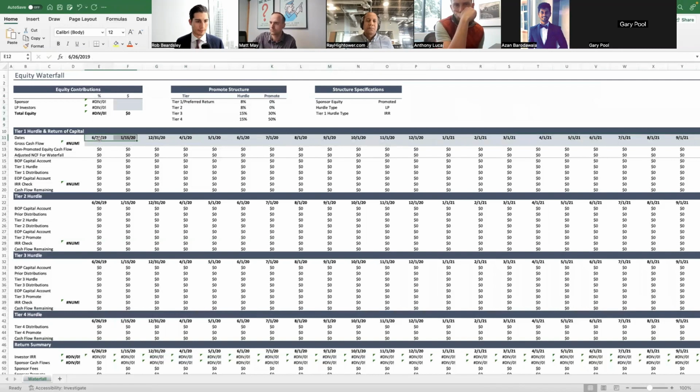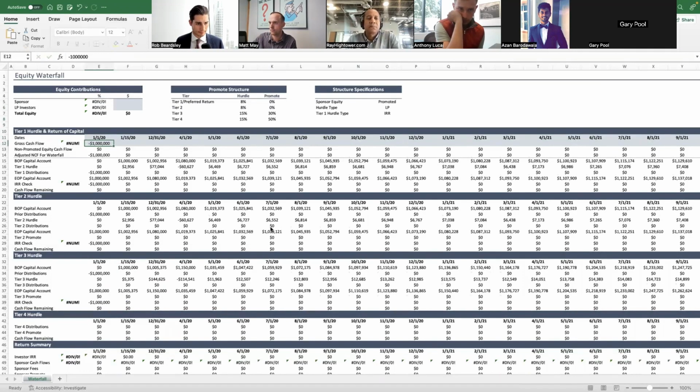So let's, for example, say at the start of 2020, we had a deal where we invested $1 million. And then let's say in June of 2020, we had a distribution of $40,000.